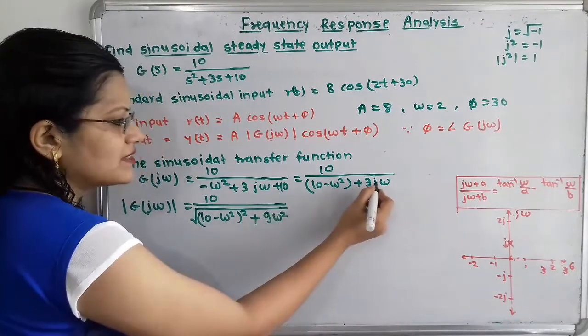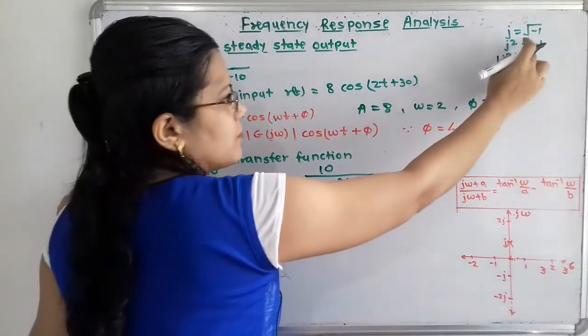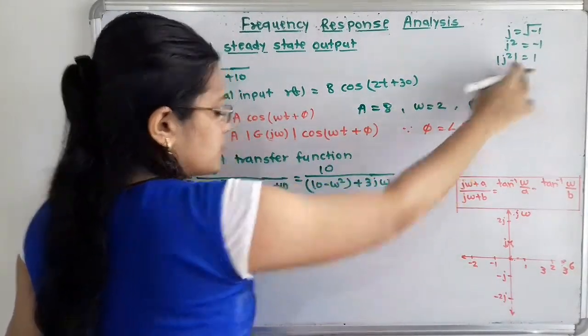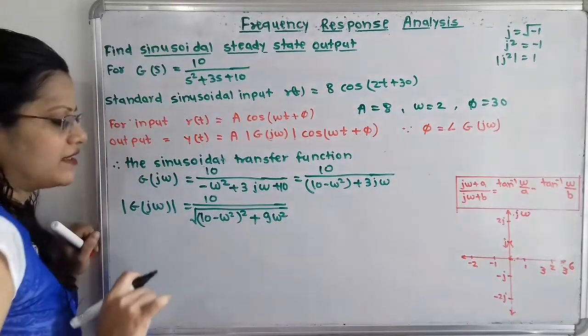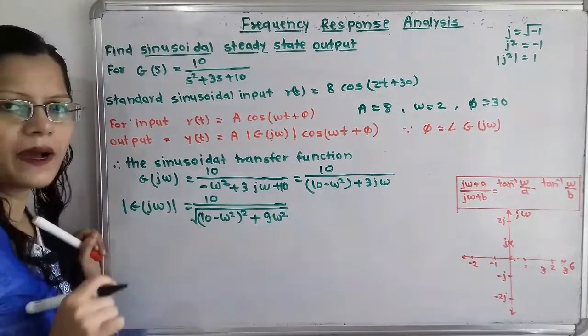And what about this j²? So because of here modulus, then j² is equal to minus 1, but modulus of j² is 1. So no need to write here. So this is the answer for modulus of G(jω).